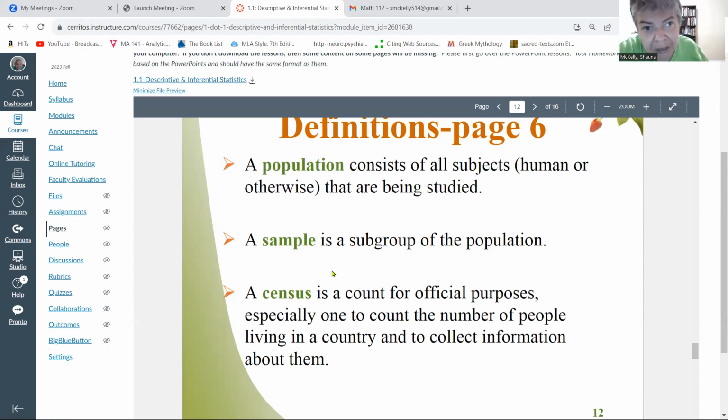How many are in each specific demographic category: ethnic group, religious group, residential zone, income level, what kind of socioeconomic status you might have, all kinds of demographic and classification information that you get from a census. That's what a census is. Okay, so hope that clears that up. Let me continue here.